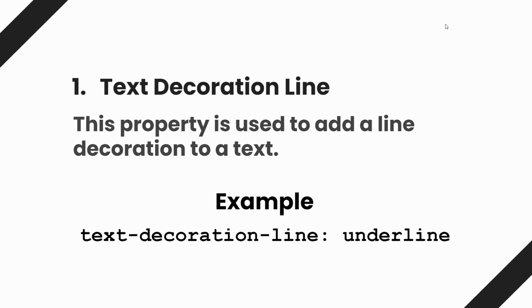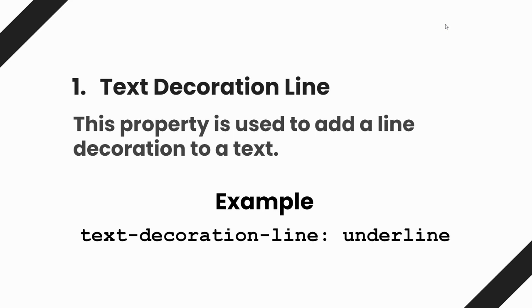From the example we have, the text decoration line is assigned the value of underline. What this basically does when written in VS Code is that when the text is rendered on the screen, you will notice a line at the base of the text, almost like a border bottom, but it's not a border, it's just the text decoration line.